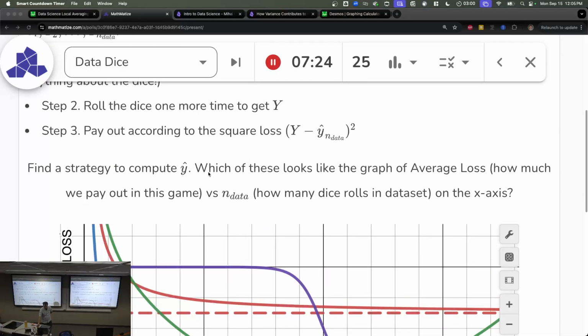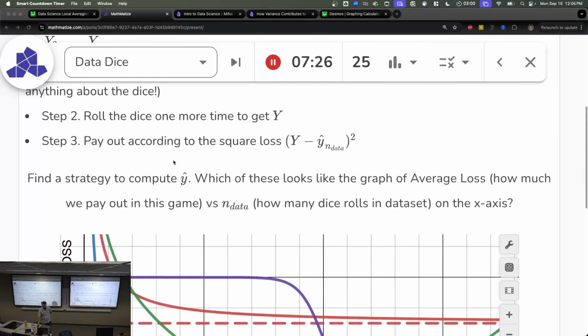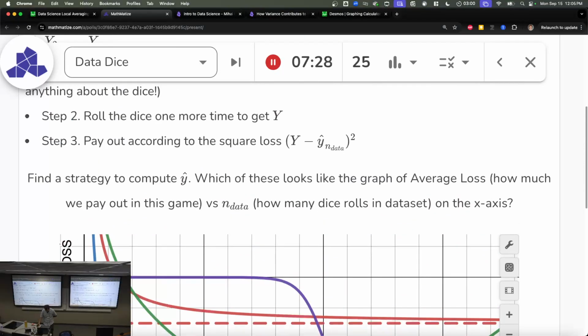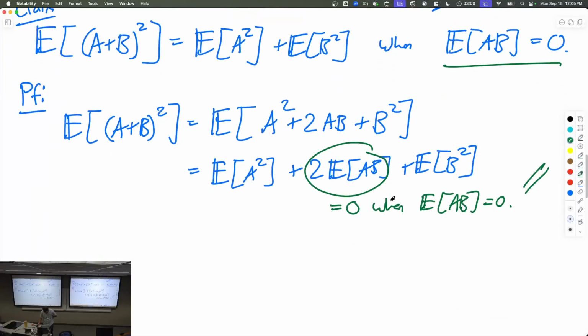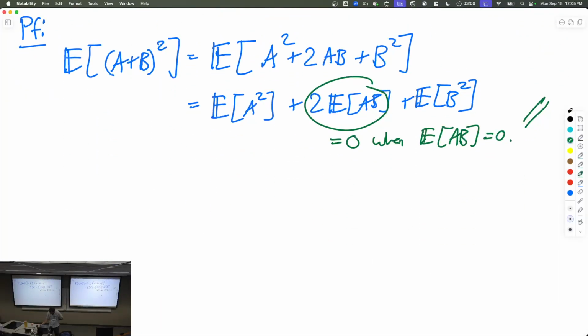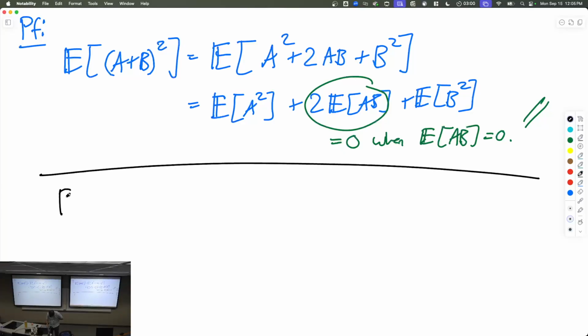I guess before we do this graph stuff, let's talk about what the y hat is. Does anyone have a formula that they like for y hat? Before, when we were told what is on the dice, we said average the sides of the dice, and that is y hat equals the expected value of y.